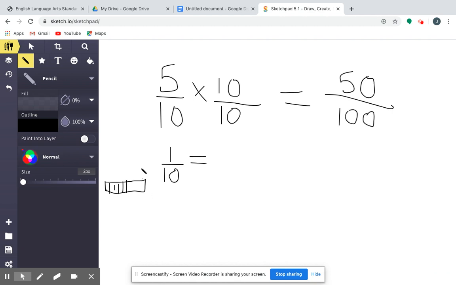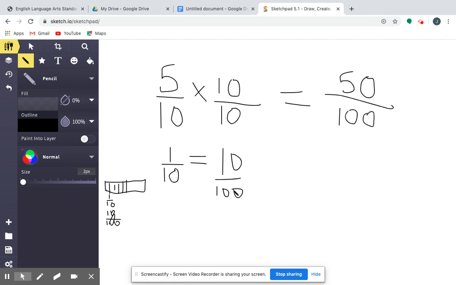And because we had 10 of them, we were putting hundredths on the same one. Every 1/10 was equal to 10 hundredths.